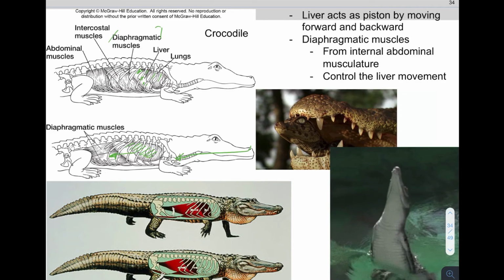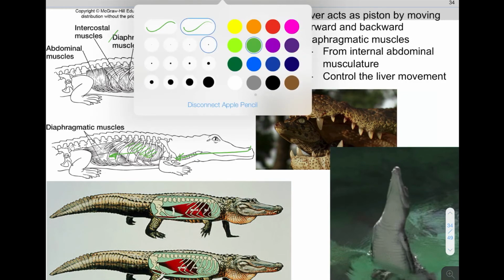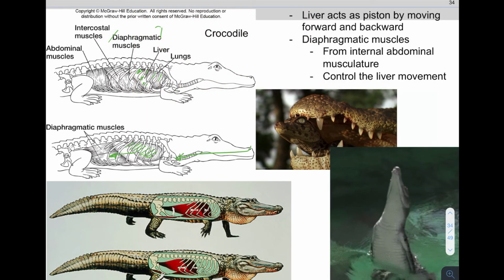And so, like a piston, it will be working in a back and forth mechanism to either push the air out if the liver moves towards the head, or if the liver moves towards the tail, it will bring the air in.